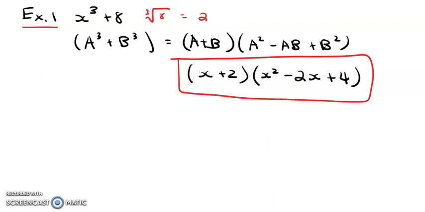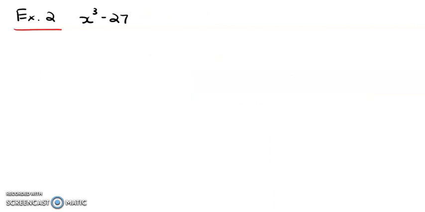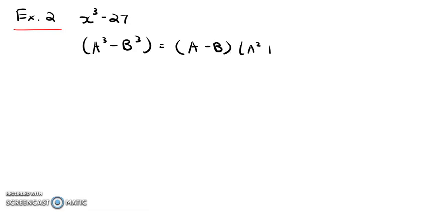All right, now let's go and do a second example. Okay, here in this example, we have x cubed minus 27. We're going to want to factor this using the difference of cubes formula, which is a cubed minus b cubed equals (a minus b)(a squared plus ab plus b squared).